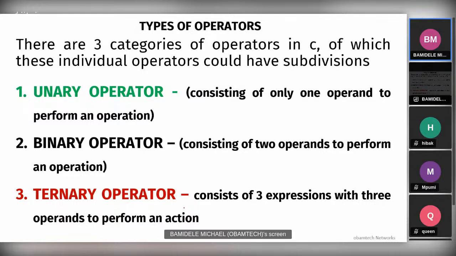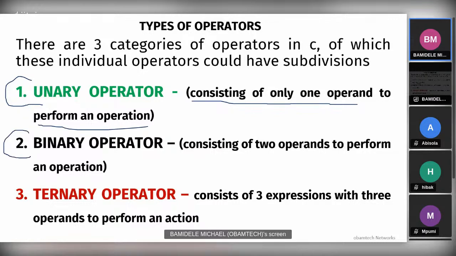Now, categories or types of operators. There are three basic categories of operators in C, and this is necessary to give a foundation. First, the unary operator: an operator that consists of only one operand to perform an operation. Then the binary operator, which consists of two operands to perform an operation.